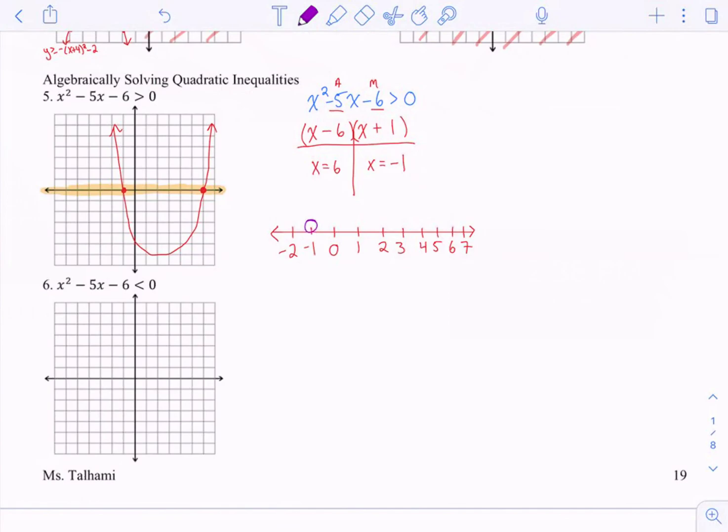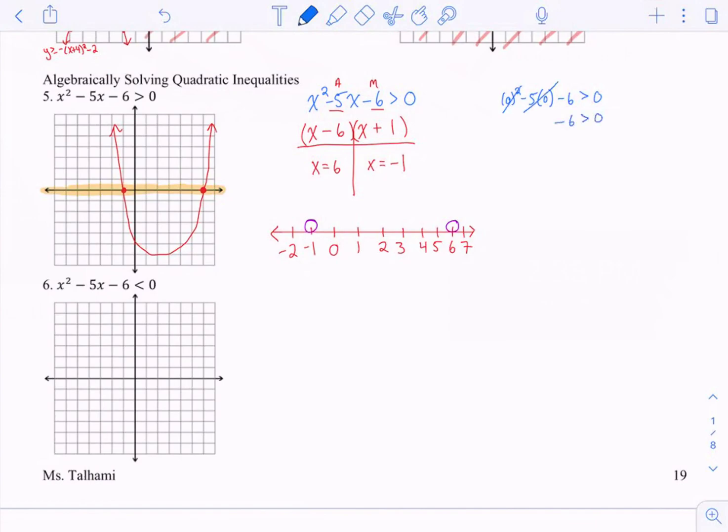Now, the question is, which set of numbers? Now, if you remember, there's and, where it would be between, or where it would be the outsides. So here, my safe number I can always check is 0. Now, if I plug 0 into this equation, 0 squared minus 5 times 0 minus 6, let's see what I get. 0 squared is 0, -5 times 0 is 0, so I'm left with a -6.